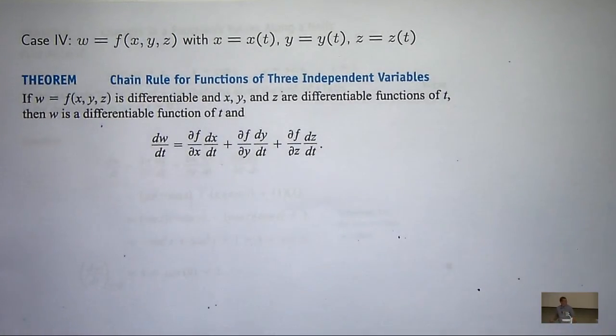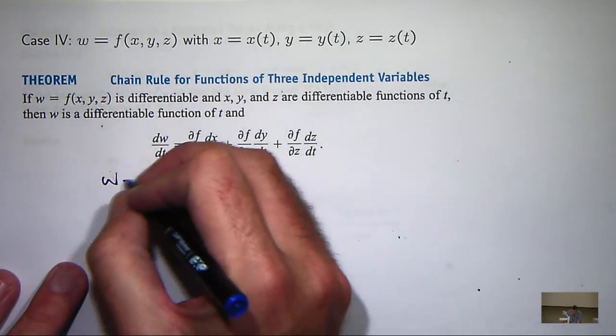All right, now it's getting really complicated. F depended on 3 variables, and each of those depend on 1 variable. Now we're getting to like the extreme end of things, so don't worry if it's a little bit abstract. But I can derive any chain rule, right?